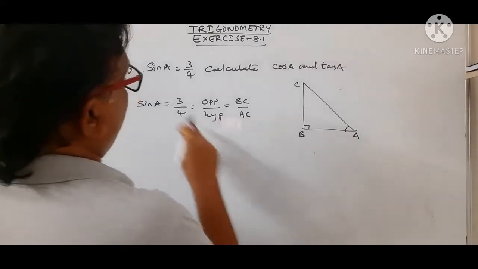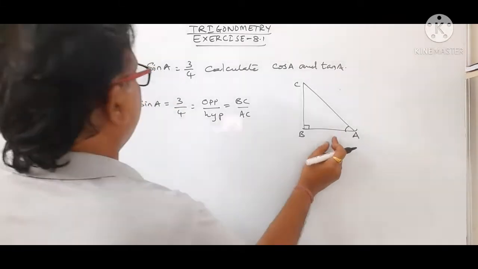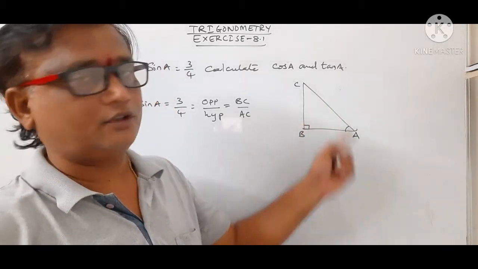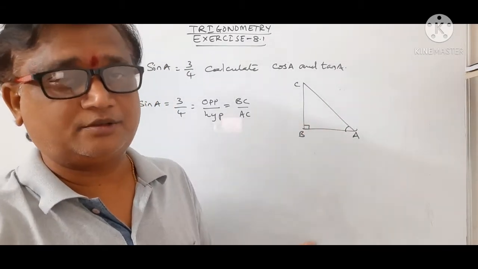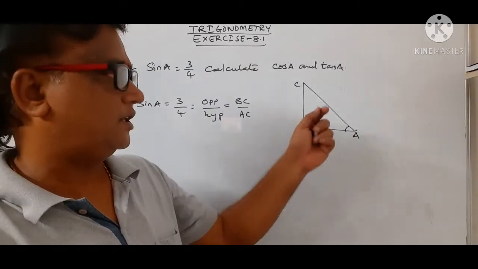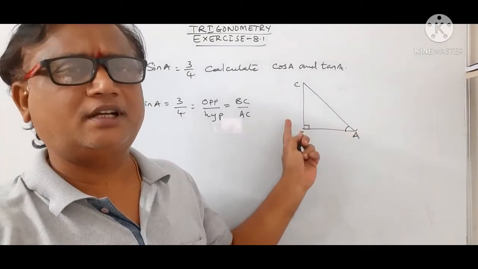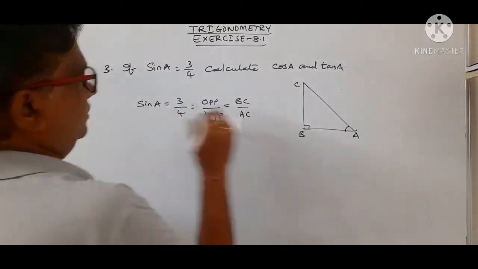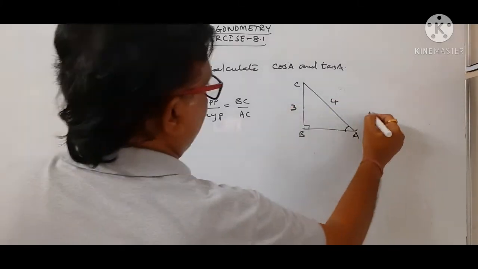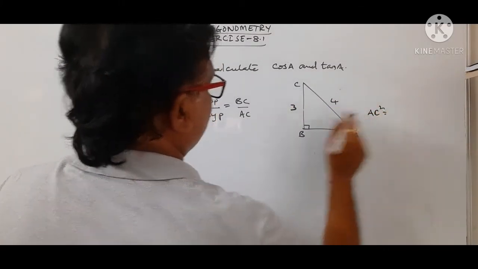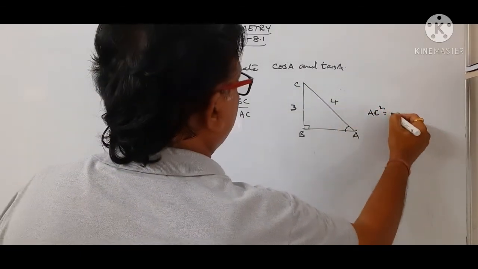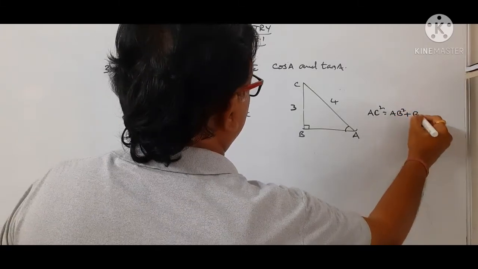That means the ratio is given. Actually, you can write opposite as 3x and hypotenuse as 4x, because for ratios you put the constant x. Some people write 3x and 4x, some people write directly 3 and 4. So here, opposite is 3 and hypotenuse is 4. What about AB? We use the Pythagorean formula: AC square equals AB square plus BC square.